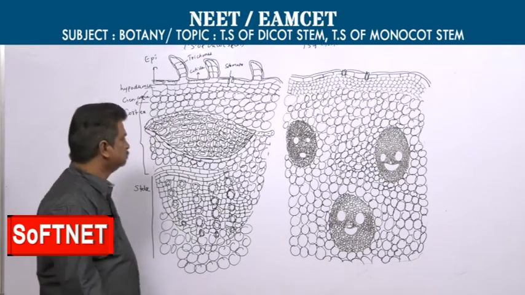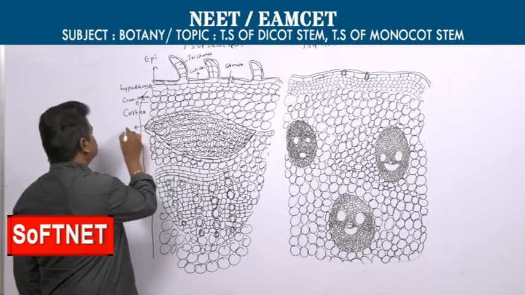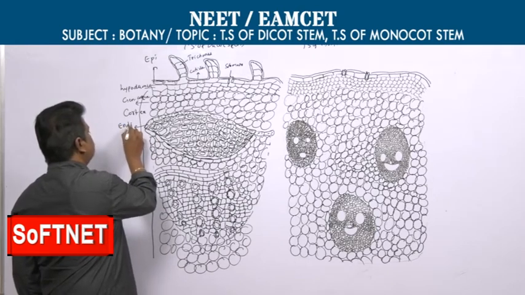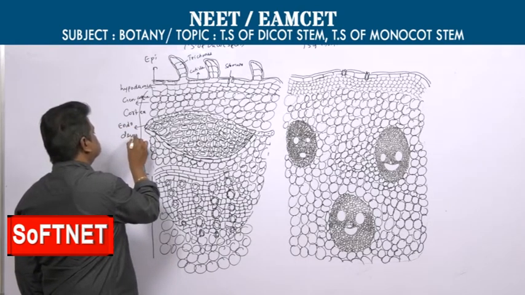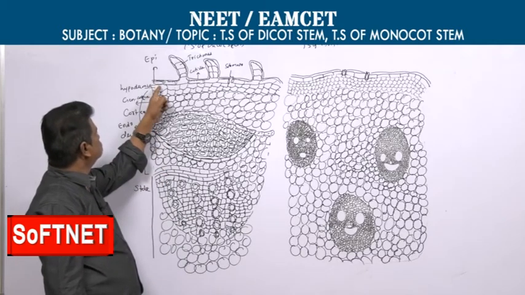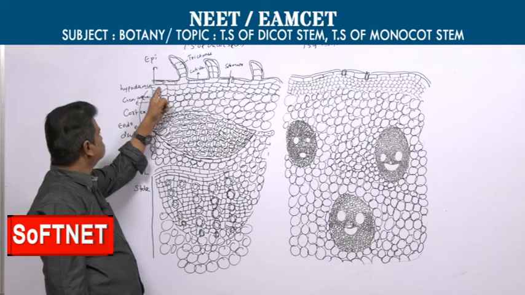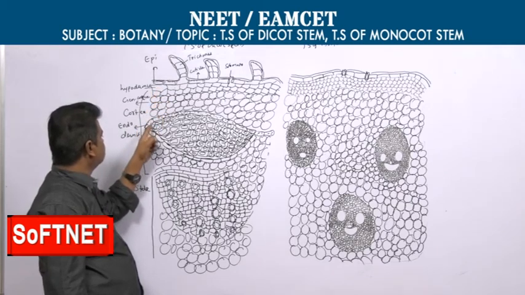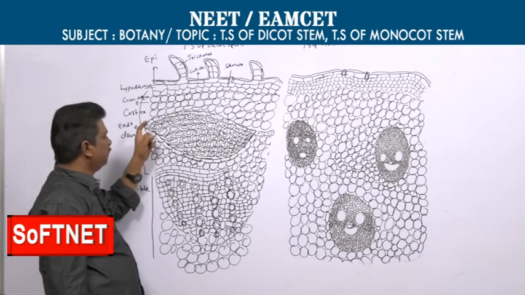Third layer, endodermis. So point is, cortex is differentiated into three layers or three parts: hypodermis, general cortex, then endodermis.